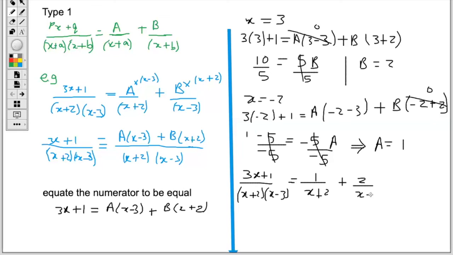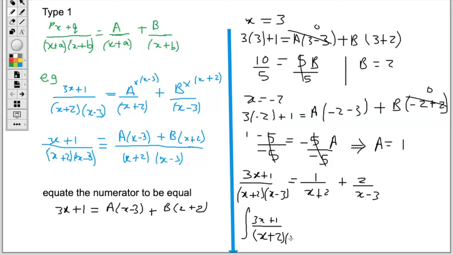Now usually when we have something like this, we ask you to integrate it. That will be the next question. So we would ask you to integrate this fraction after expressing it as a partial fraction.